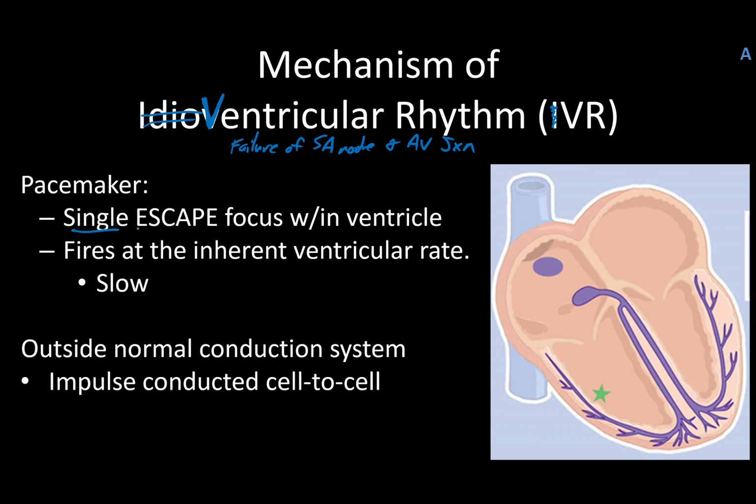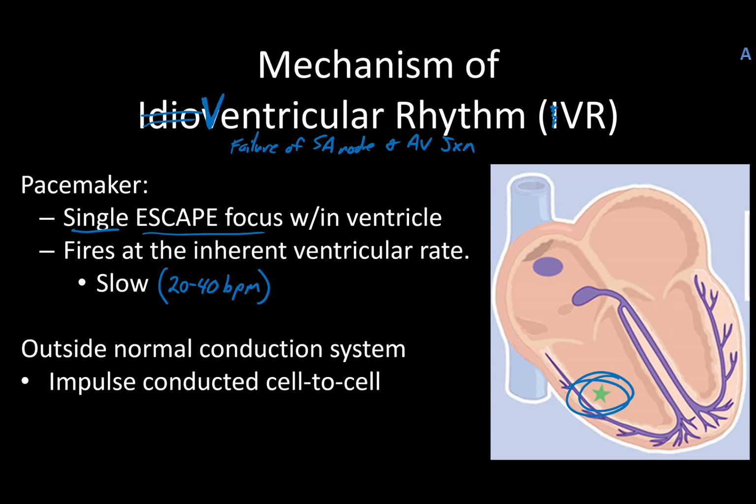A single escape focus within the ventricle fires up and just clips along at its inherent ventricular rate, which is really slow, like 20 to 40 beats per minute. You don't have any sinus beats, you don't have any junctional beats, you just have ventricular beats going on at a really slow rate.